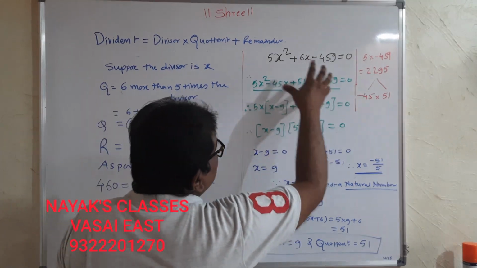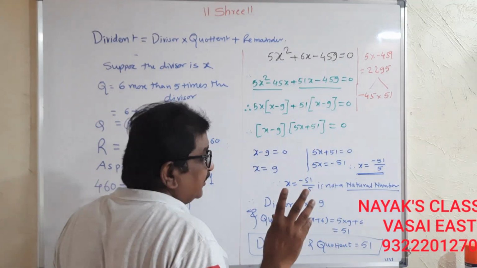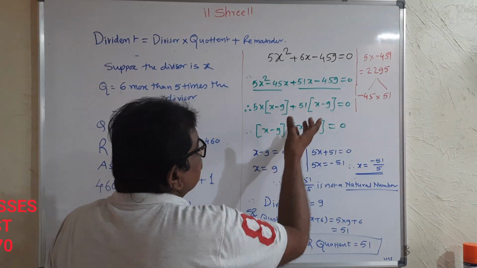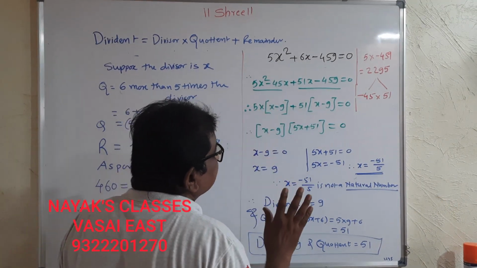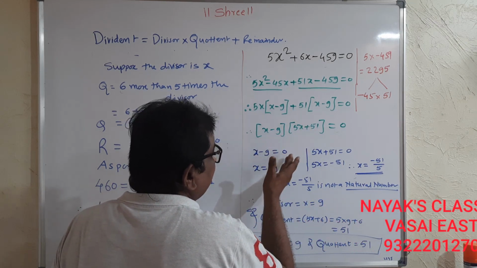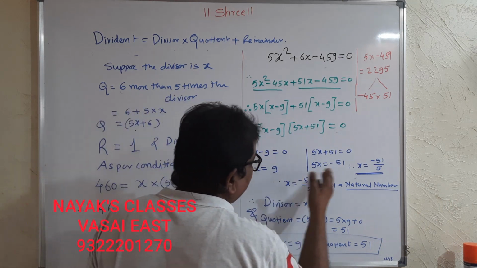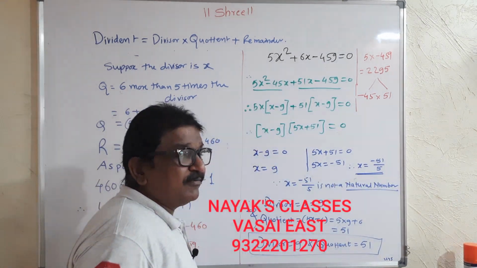After that, we have put that value here. Taking out the common factor is a very careful job, so carefully you have to do it. Then 2 brackets equating with 0. Finally, we got x is equal to 9 and x is equal to minus 51 upon 5.